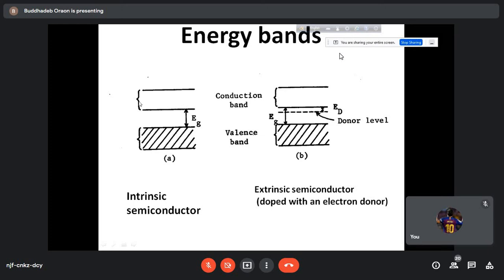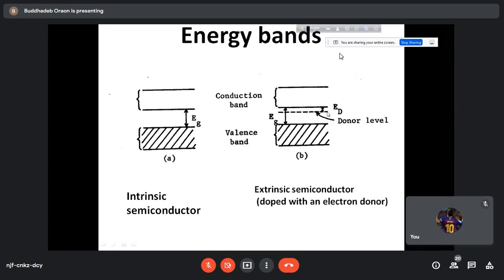The left-hand side shows the intrinsic semiconductor, but when you perform doping, the donor energy level gets shifted towards the higher side, and so the Fermi energy level also gets shifted towards the higher side.